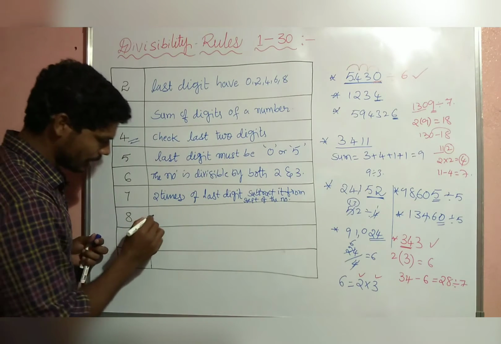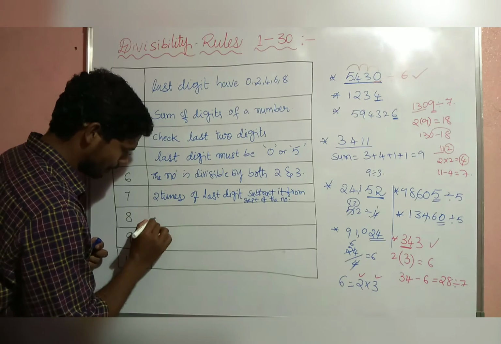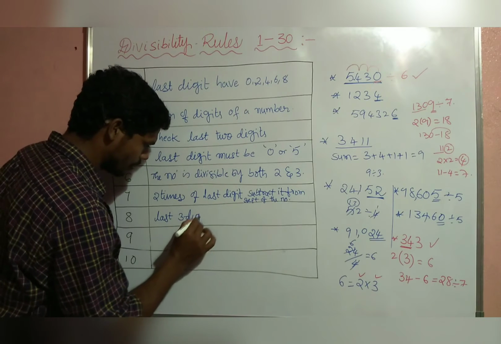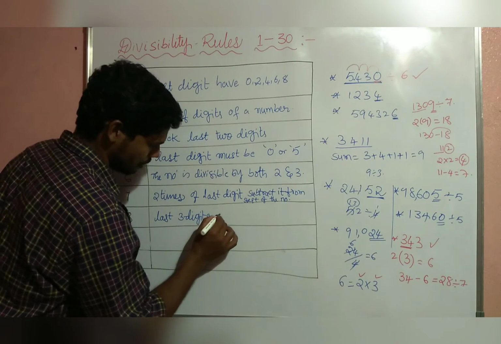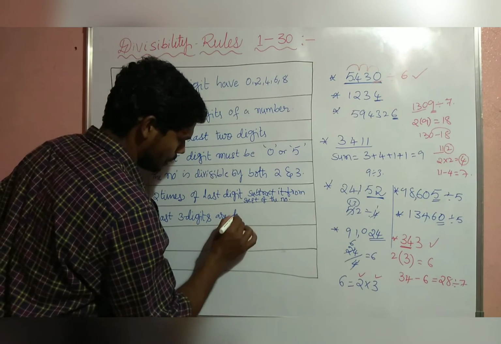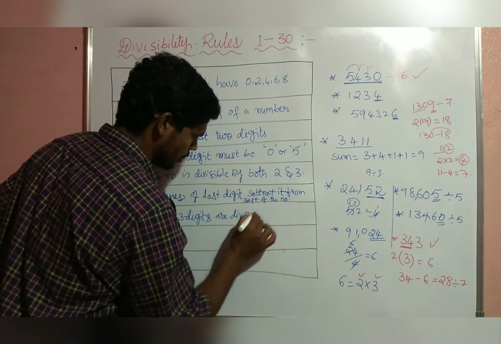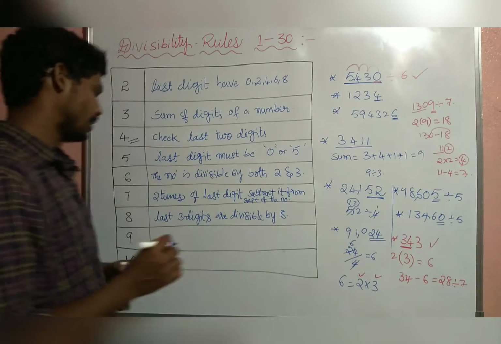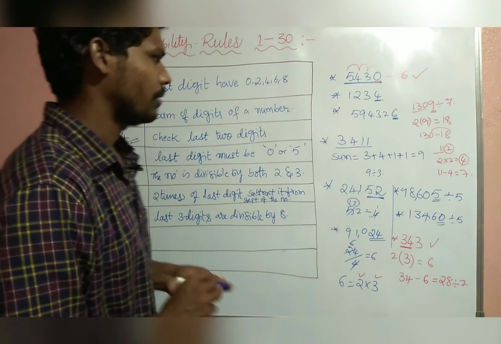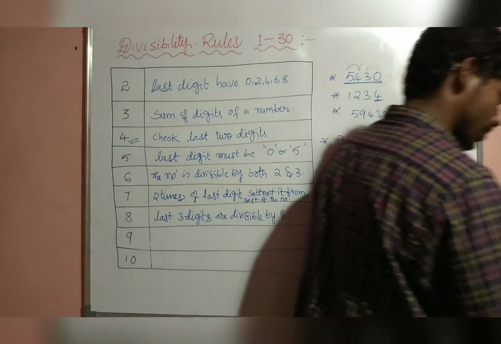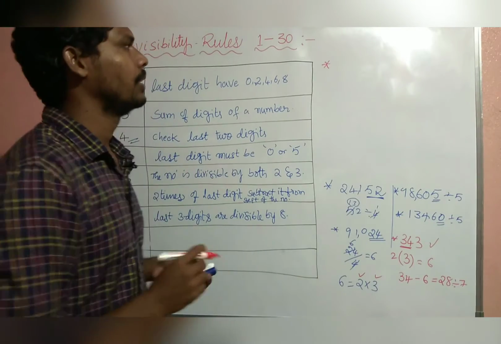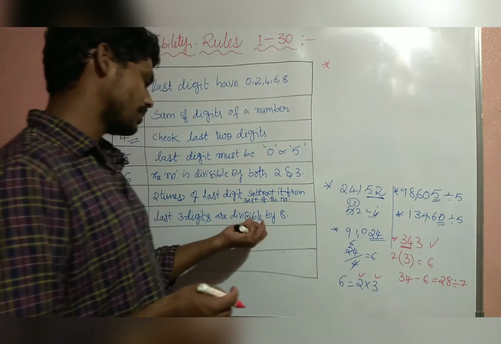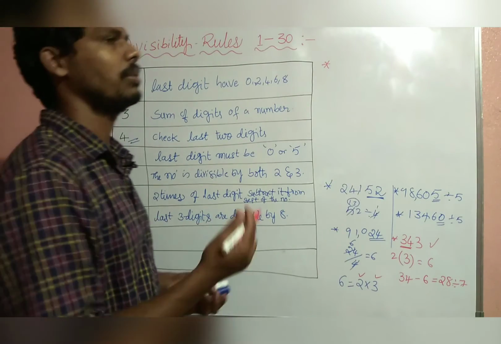Coming to 8, if the last 3 digits are divisible by 8, then the number is also divisible by 8. For example, check whether the last 3 digits are divisible by 8 or not. If they are, then the given number is also divisible by 8.